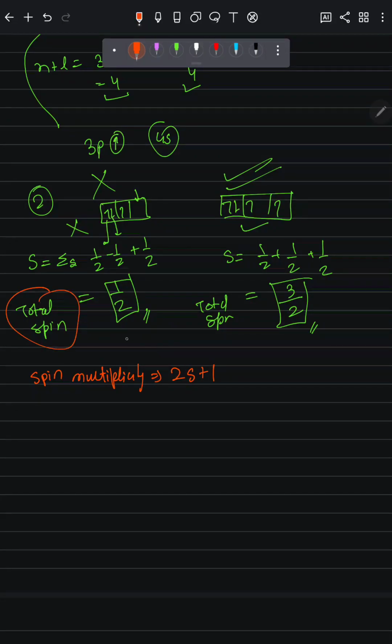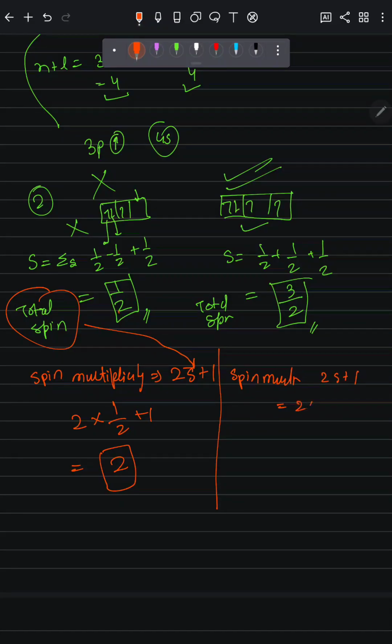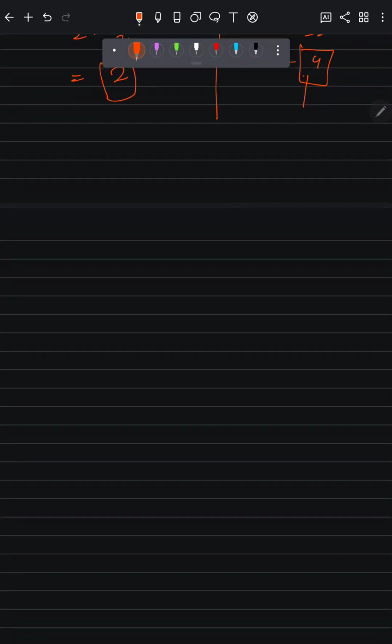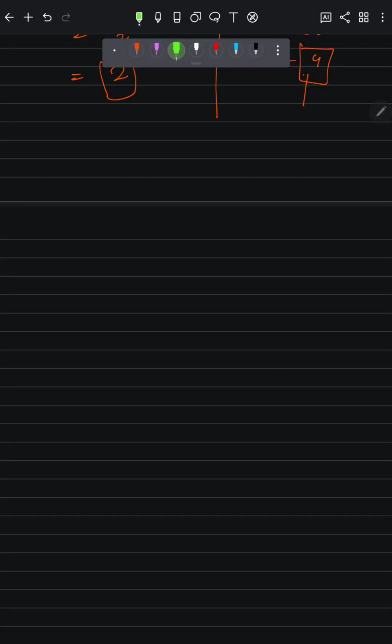So 2 into 1 upon 2 plus 1 gives 2. For the other case, 2S plus 1 is 2 into 3 upon 2 plus 1, which is 4. So 4 is much greater than 2, and maximum multiplicity is considered according to Hund's rule. This is the second rule we need to know before proceeding ahead.